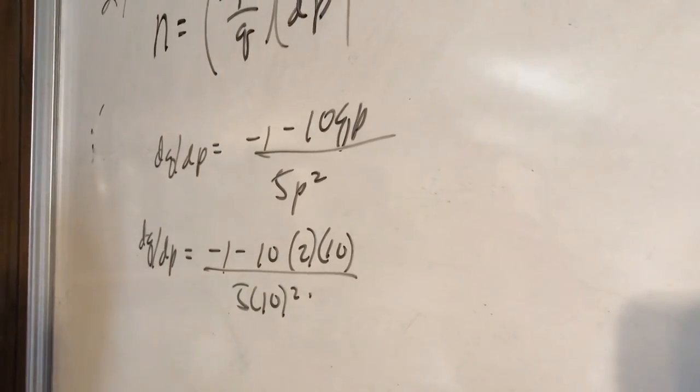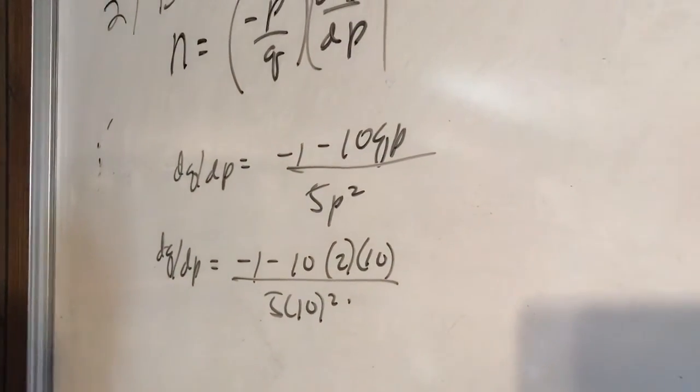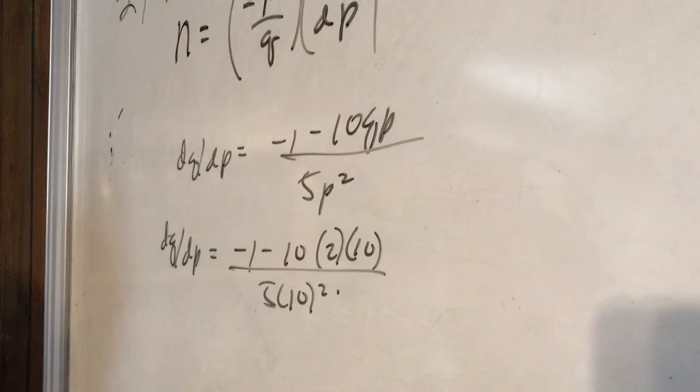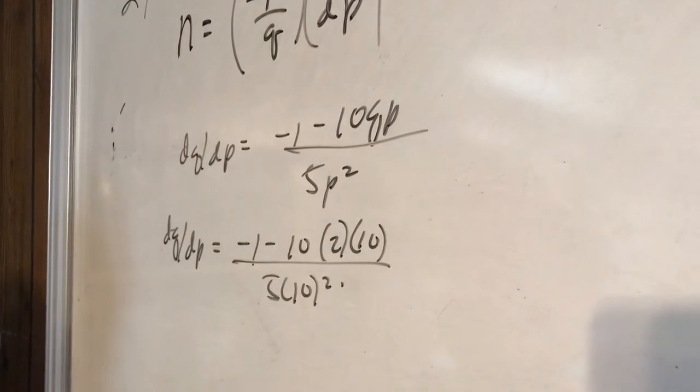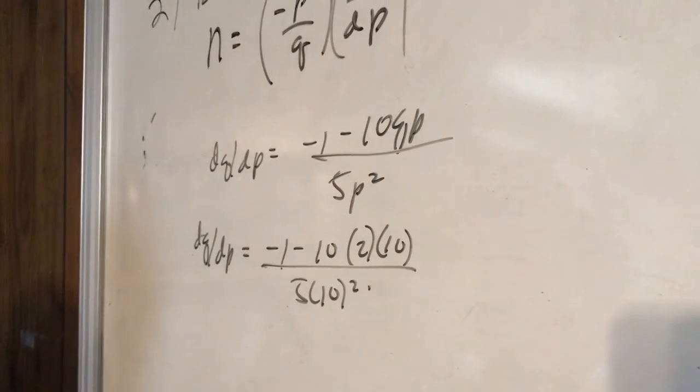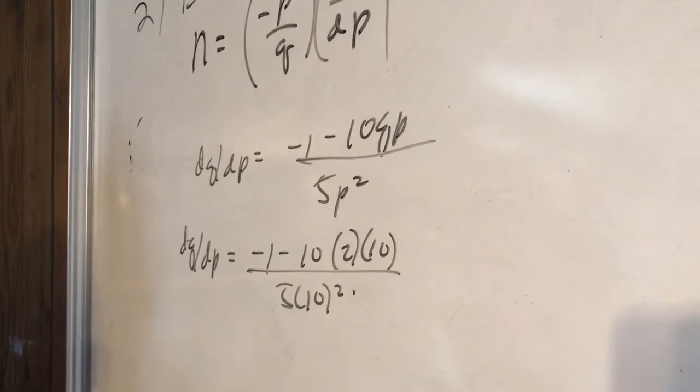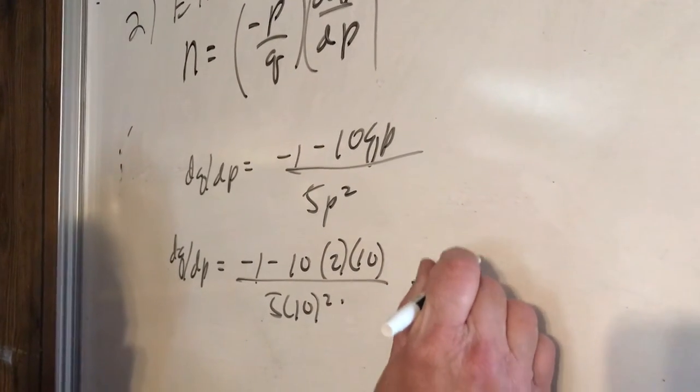So what do I get here? Trying to figure this out here. I'm going to get equals minus 0.402.